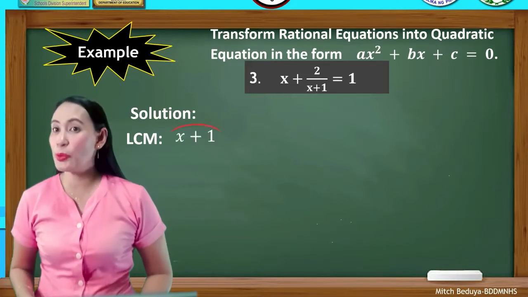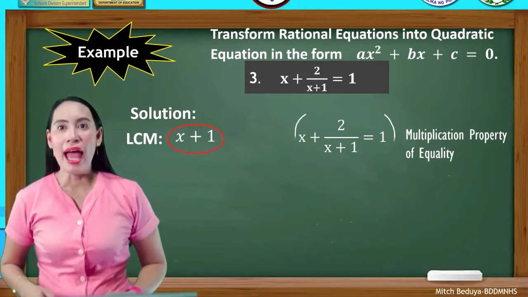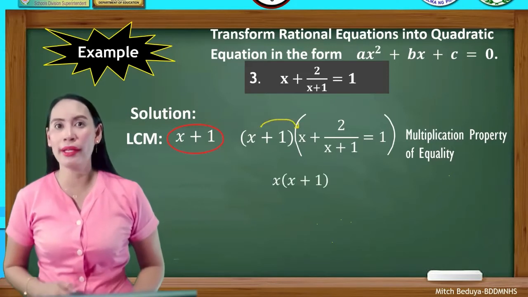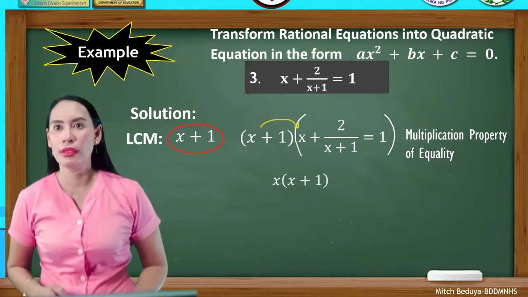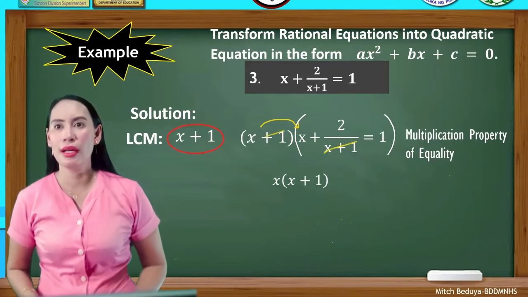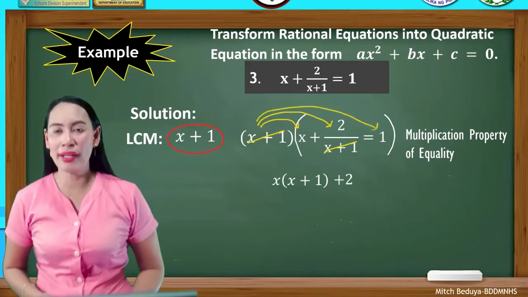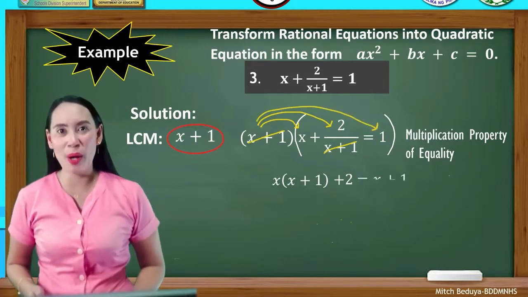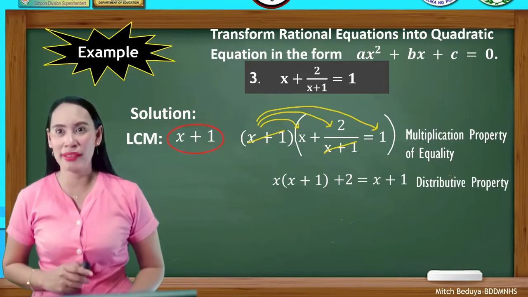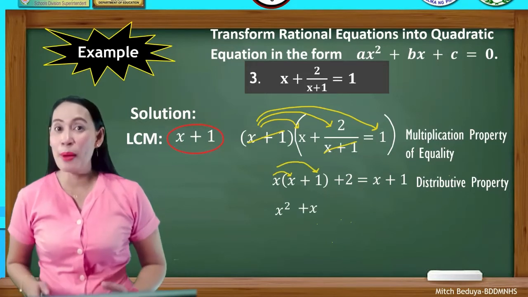By multiplication property of equality, we have x times the quantity (x plus 1) plus 2 equals x plus 1. By distributive property, x times x equals x squared. X times 1 equals positive x.